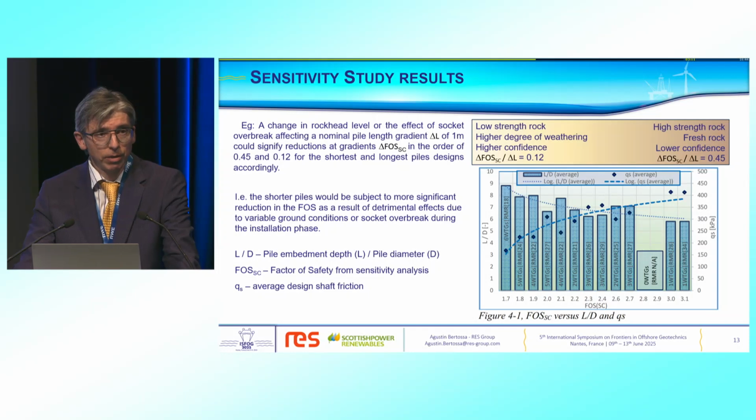So we were confident with that. But with the short piles, with the L/D in the order of 6, this is 18 meters from the seabed, we considered that the variability of the rock could highly affect the factors of safety. So we adjusted the pile lengths to achieve factors of safety of up to 3.1.